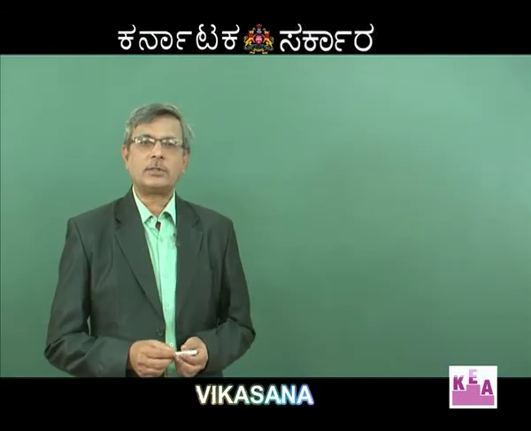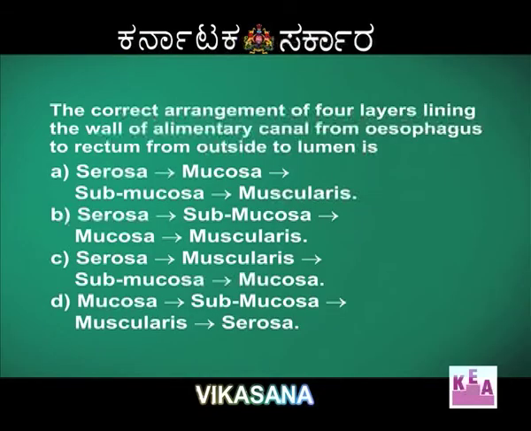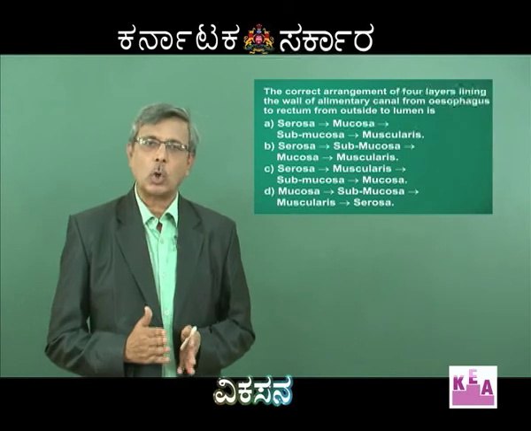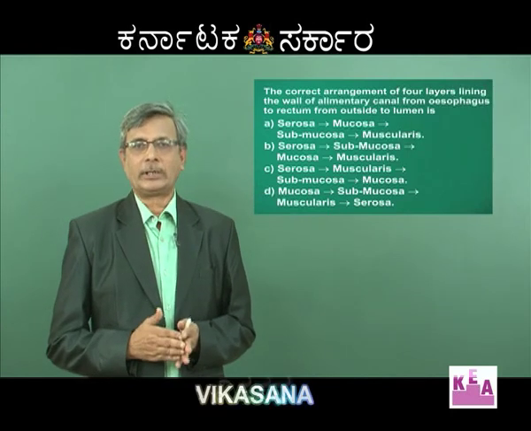The question is the correct arrangement of 4 layers lining the wall of the alimentary canal from esophagus to rectum, from outside to lumen. Remember, when you talk about the alimentary canal wall, there are 4 distinct layers which are called coats, or tunics.